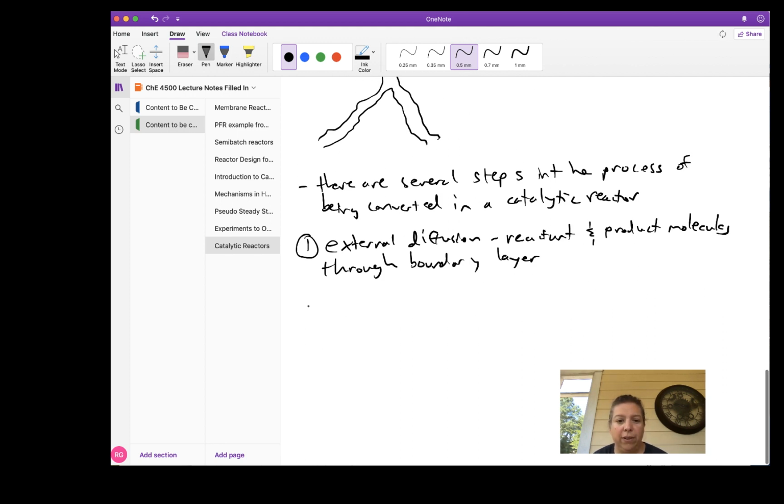We also have internal diffusion: reactant and product molecules through the pores.